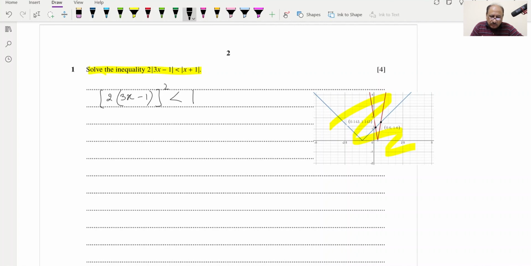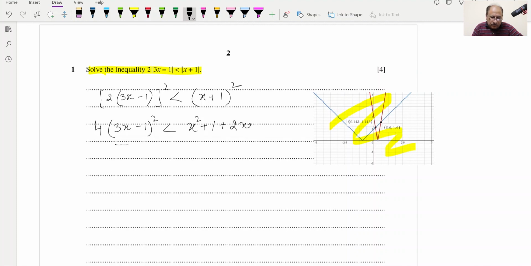This will be x plus 1 squared, and we can open the square. So 2 squared will be 4, and this one will be 3x minus 1 squared is less than the square of this one. (a plus b) squared is a squared plus b squared plus 2ab, so x squared plus 1 squared, 1, plus 2x.